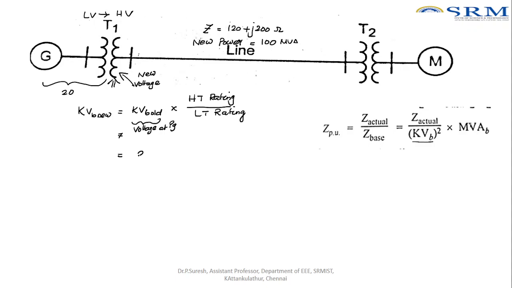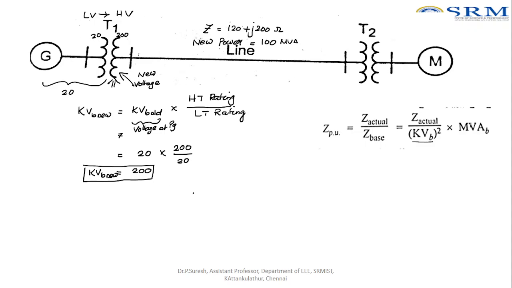It is 20 kV, multiplied by the rating of the transformer. The primary side voltage is 20 and the secondary side voltage is 200, so it is the HT rating by the LT rating. HT rating is 200 and LT rating is 20, so kVb new comes to 200 kV.